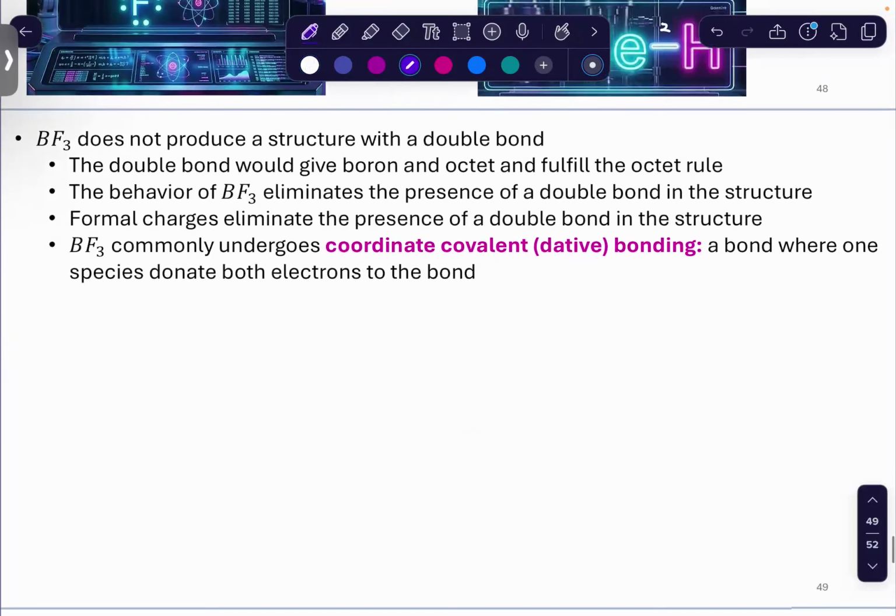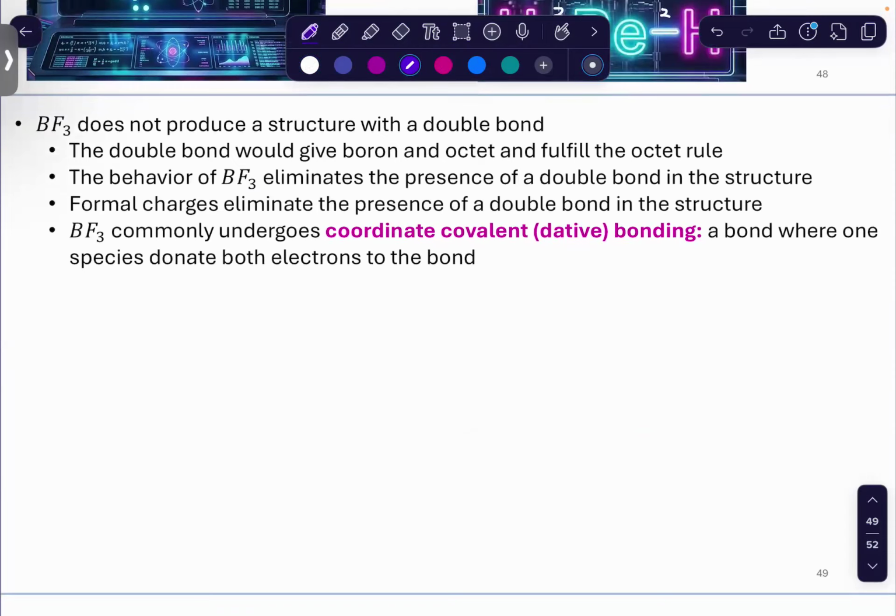So what do we mean by its behavior? Well, boron trifluoride is an example of a molecule that you find a lot in what we call coordinate covalent bonding. So coordinate covalent or dative bonding is a bond that's created where one species provides both of the electrons for the bond.